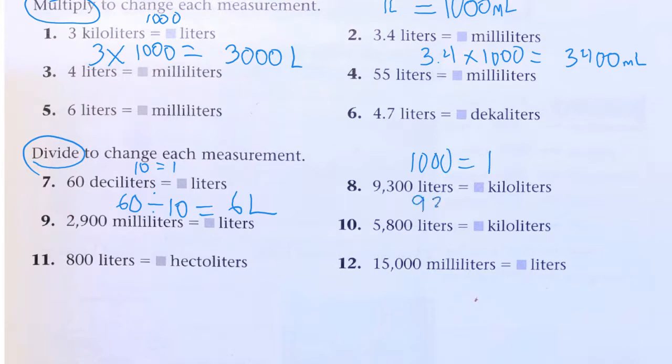So we've got our 9,300 divided by 1,000. Move the decimal 3 places to the left, so we get 9.3. Then label it kiloliters. We've moved the decimal from here 1, 2, 3. So that's why the decimal goes between the 9 and the 3.